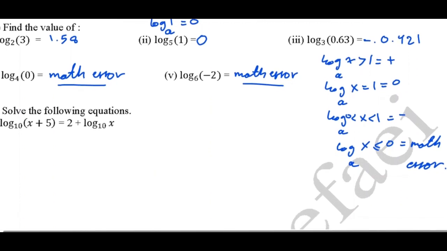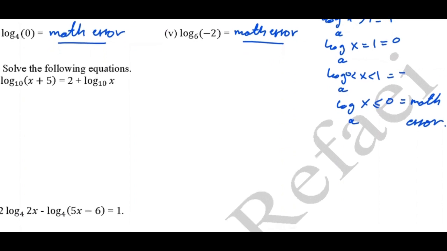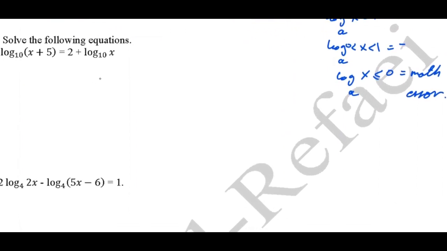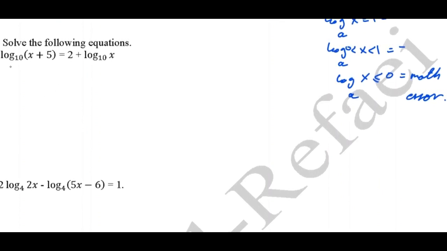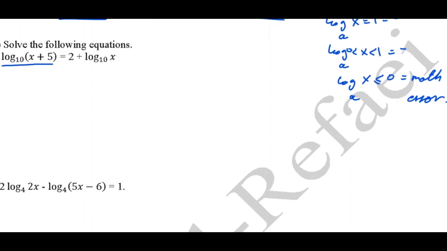And I said before, please revise logarithmic rules before solving. Now, question number 2, part A. Log x plus 5 to the base 10 equals 2 plus log x to the base 10. As you see, the left side has one term, the right side has two terms.